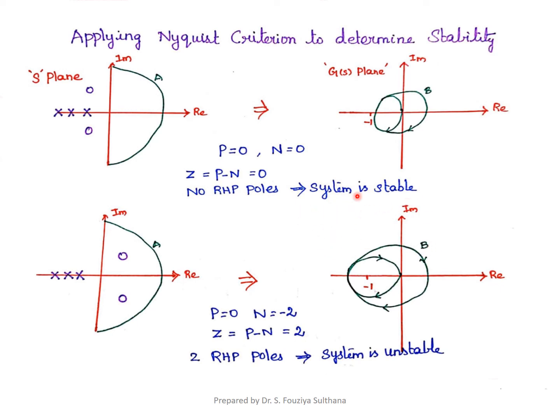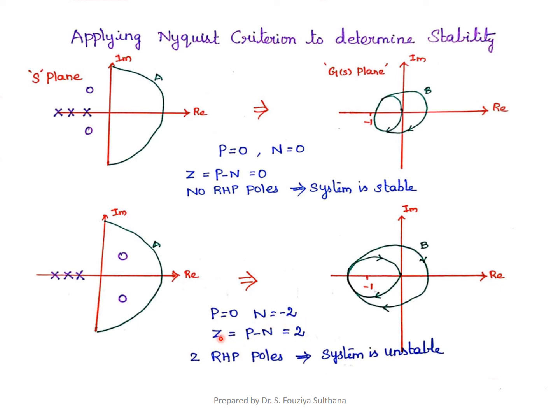Consider the second case. Here the number of poles enclosed is equal to 0, that is P is equal to 0, and there are two zeros inside the contour, so there will be two encirclements in the clockwise direction about -1. So N will be equal to -2, since it is in the clockwise direction, it is represented as negative.